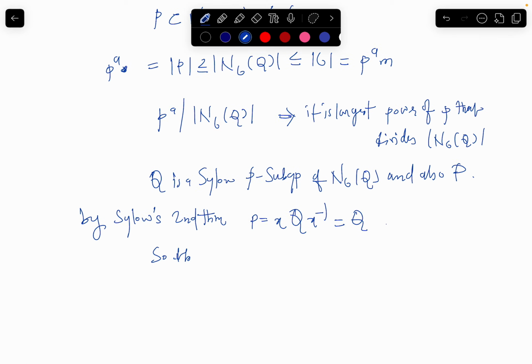So there is only one orbit of size 1, and that completes the proof. Here there is a note that Q is contained in N_G(Q) because it's a normalizer, and xQx inverse is actually Q. So we have done that, I guess. We know that actually.